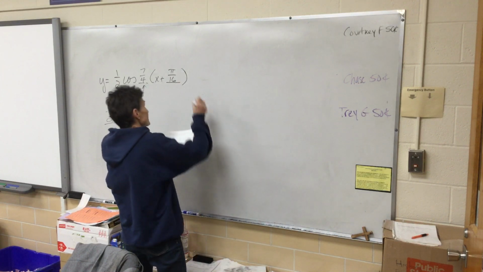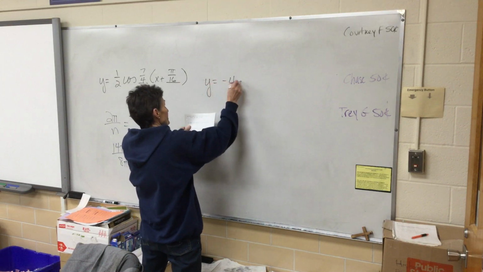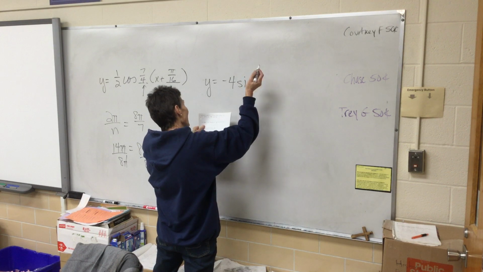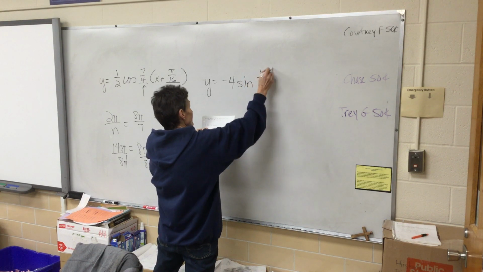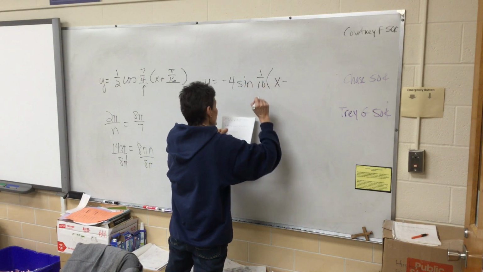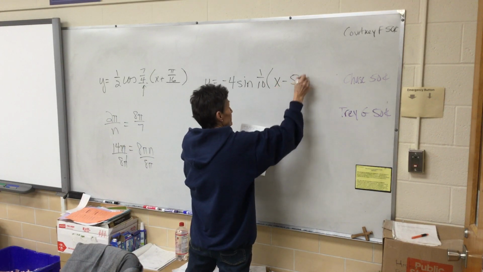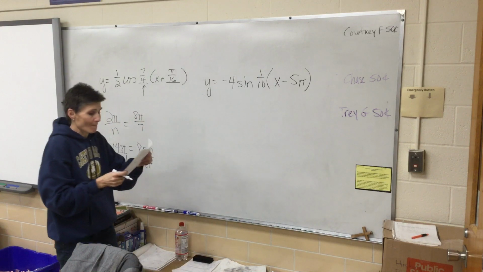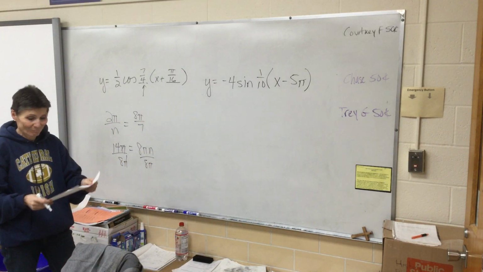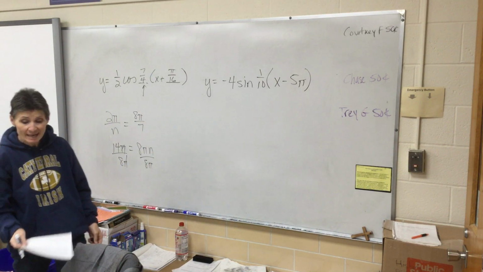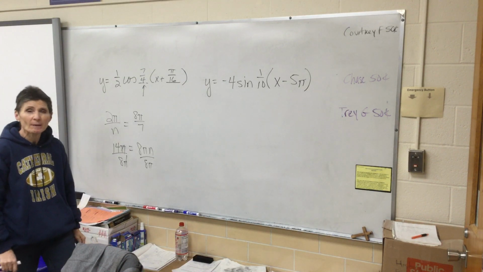What is the frequency of this equation? Now, what I don't know is if you guys talked about frequency. I went ahead and factored out my 1/10, although for this problem, I wouldn't have to.